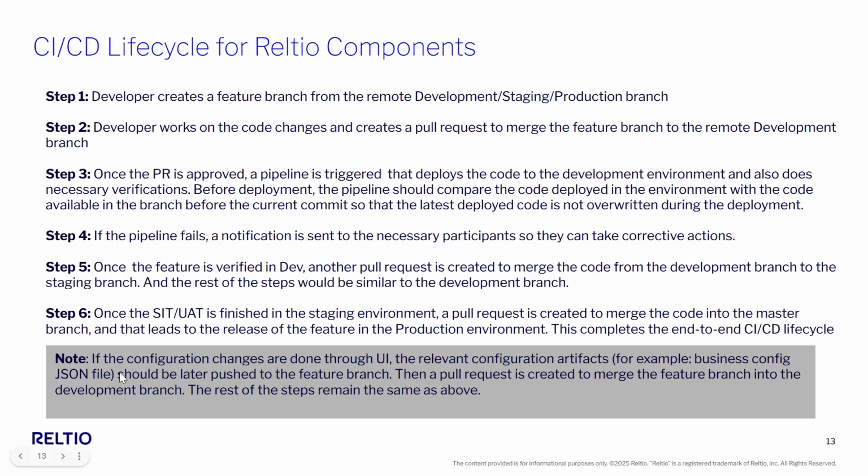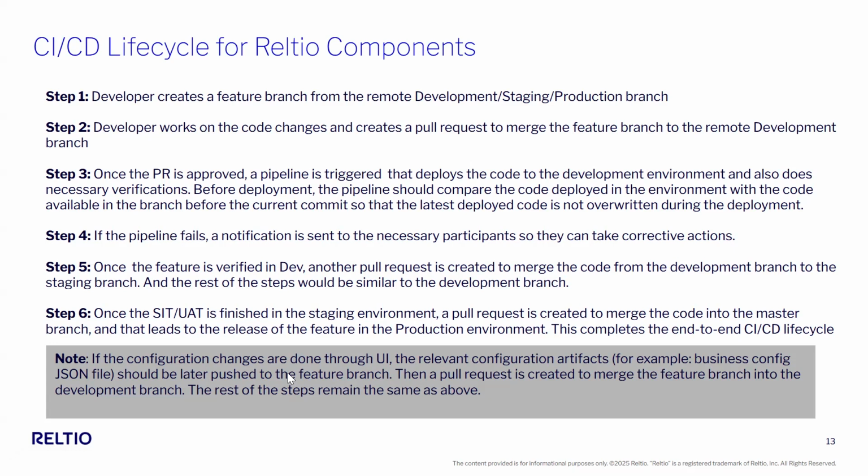Just a note here, right? Whatever steps I have depicted here is suitable if you do configurations on the source files directly, like the JSON configurations. But if you're doing changes to the UI, to data modeler or UI modeler or things like that, right?